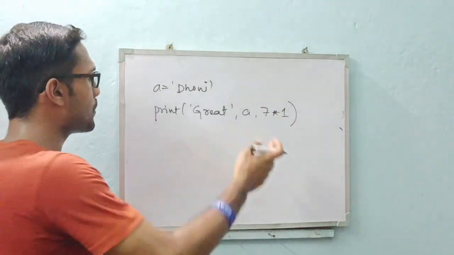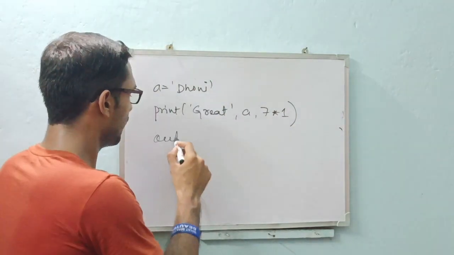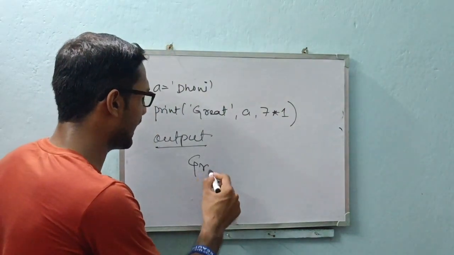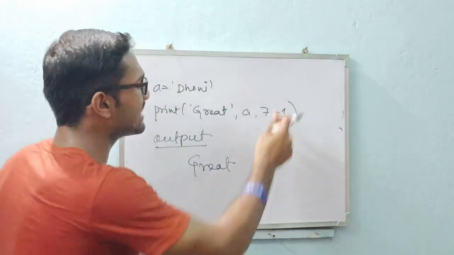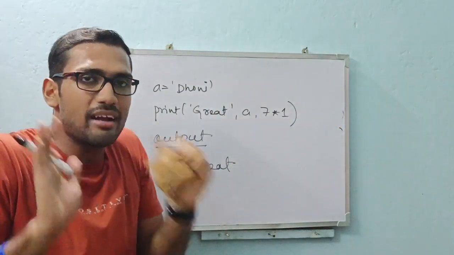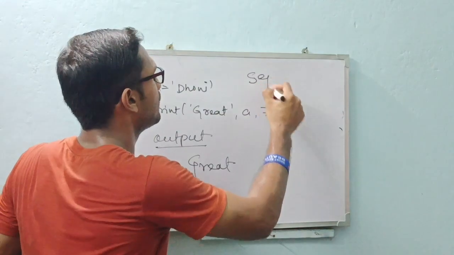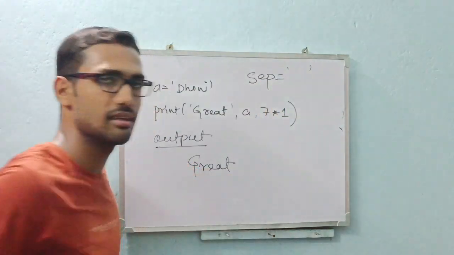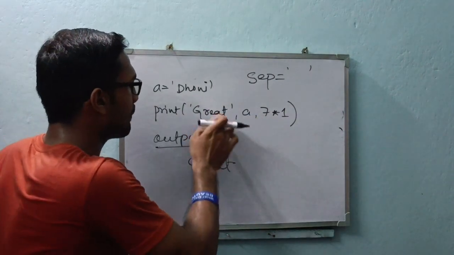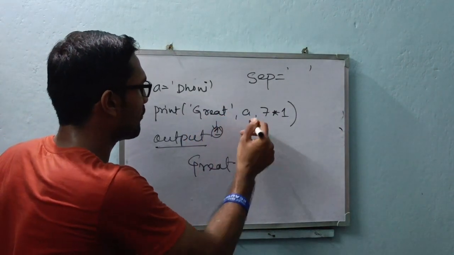If I write this particular print statement, what will be my output? My output will be grade, then there will be a space, since I have not changed the default value of sep. The default value of sep is space, so the space will be printed. Great. I am separating the first parameter. This is my first parameter.